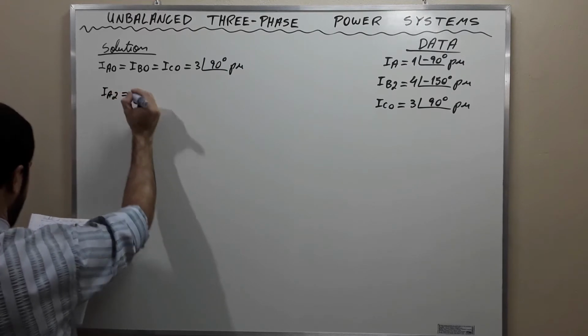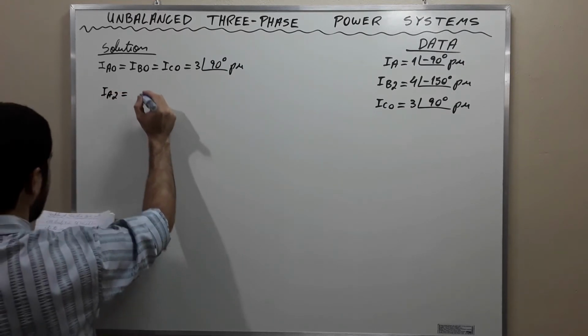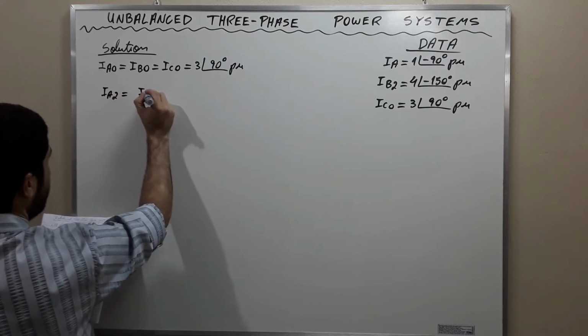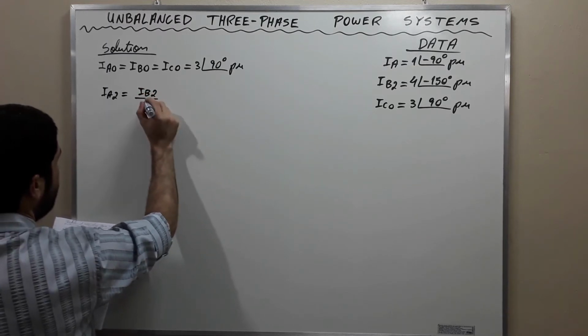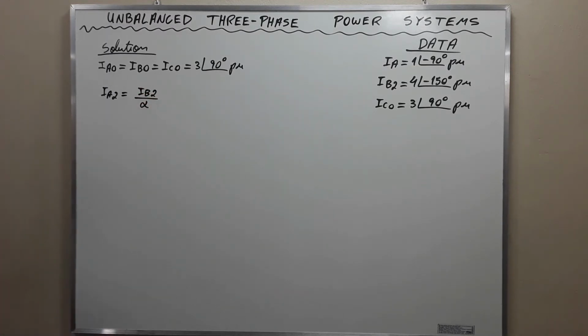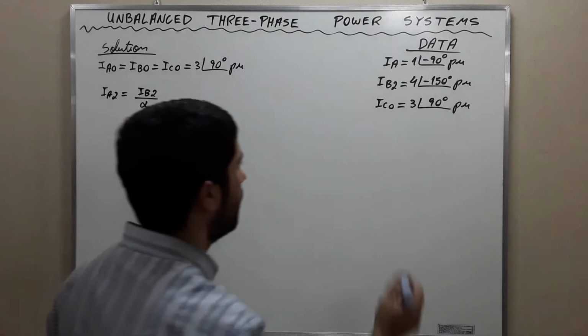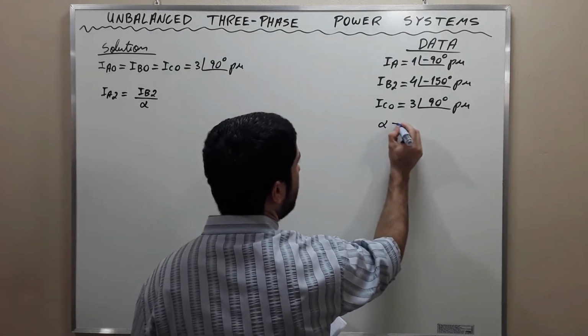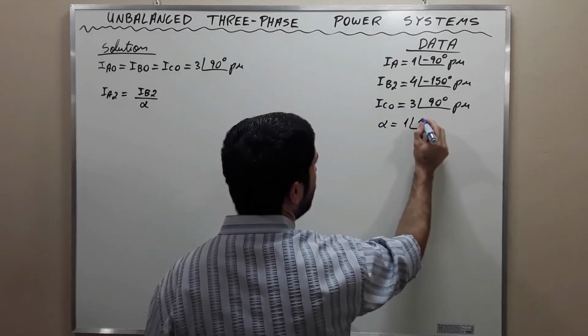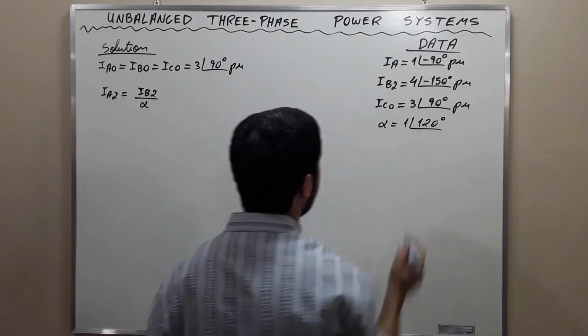IA2 is equal to IB2 over alpha, where alpha is equal to 1 phase 120 degrees, okay?